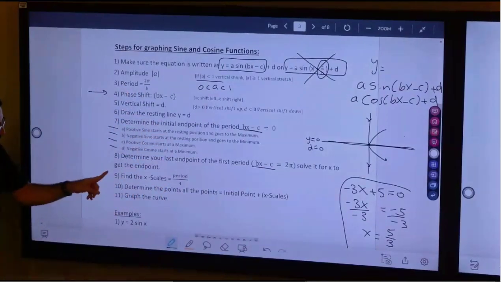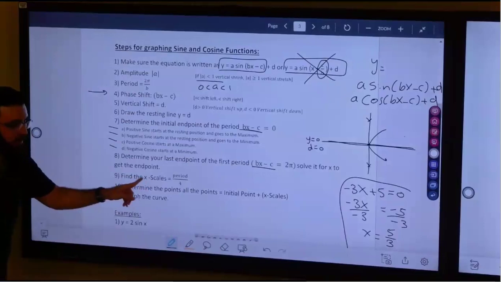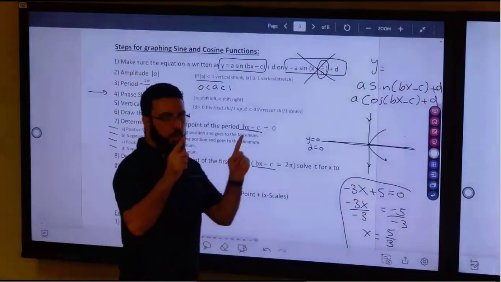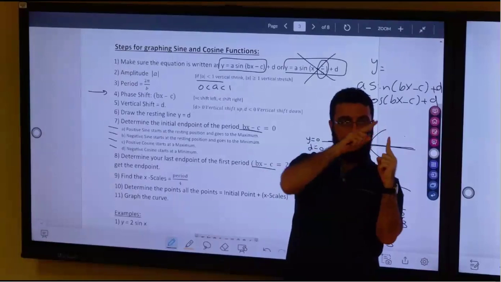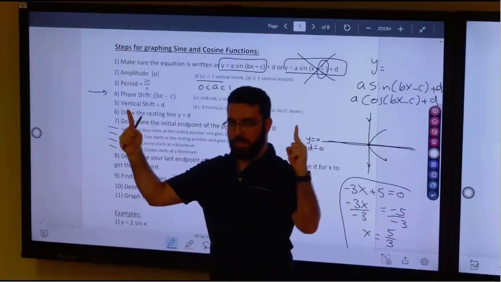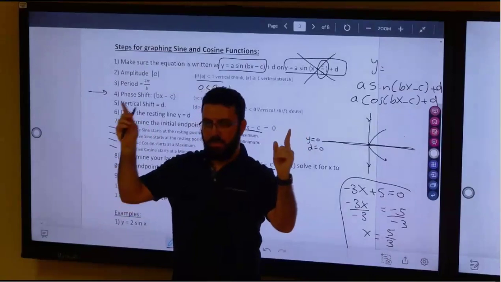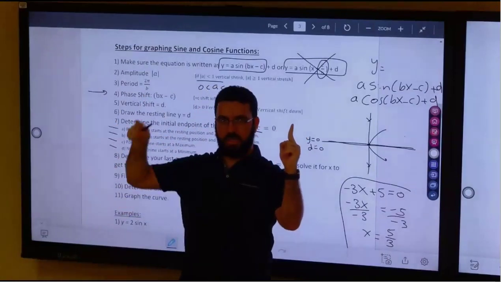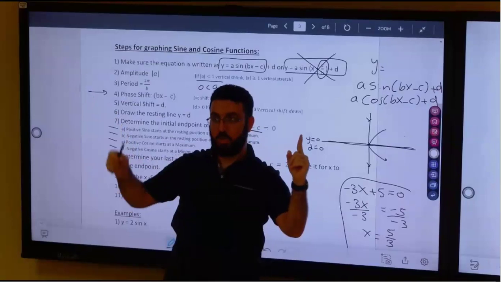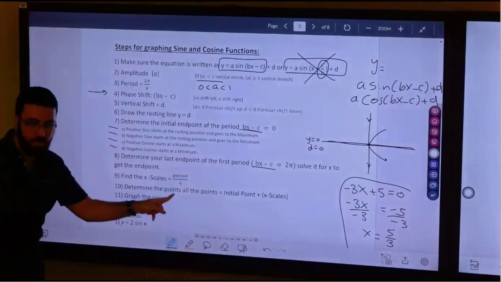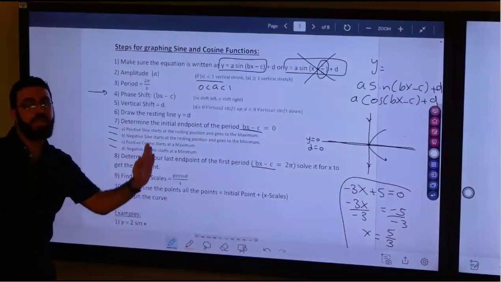Next step, find the x scale. Between the first point and the end point, how do I get the points in between? 1, 2, 3, 4, right? So I take the period and divide it by 4 to get the x scale.